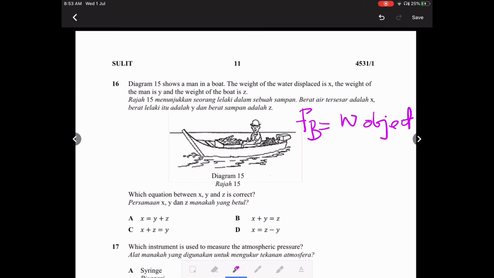Okay, so dia bagi dekat sini weight of water displaced is X. Weight of water displaced adalah buoyant force. So, X sama dengan weight object. So, weight object adalah weight man tambah weight boat. Okay, so Y tambah Z. So, X sama dengan Y tambah Z. So, the answer is A. 16A.